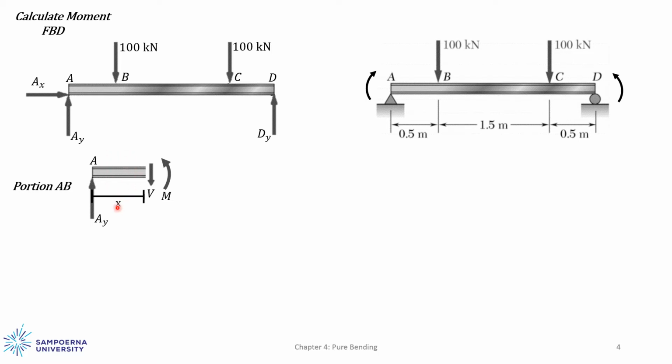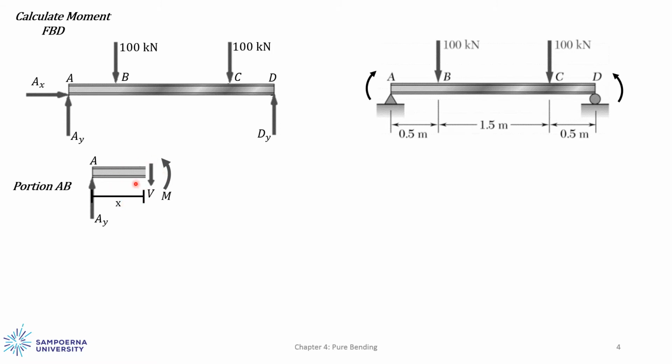This V will be explained more in the next chapter. Because there is a distance between the cut and AY, which is x, it creates a moment in this direction. Since the moment cannot act alone, there should be a couple moment in the opposite direction.